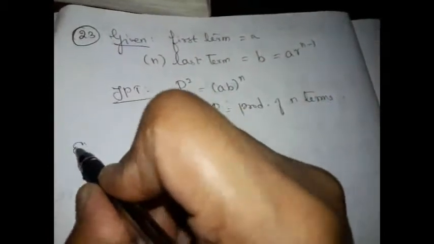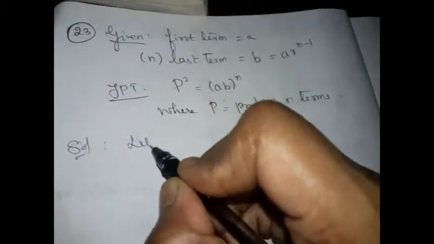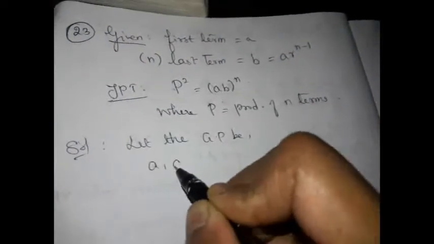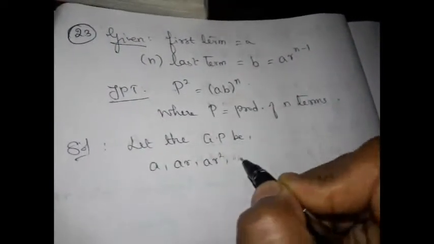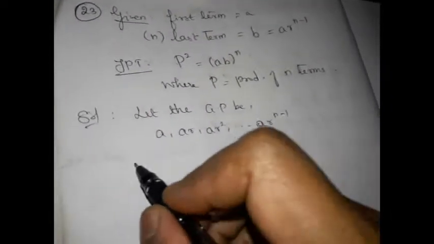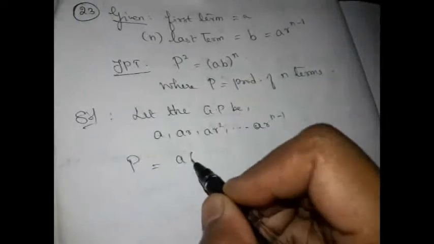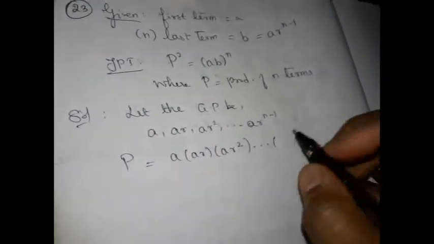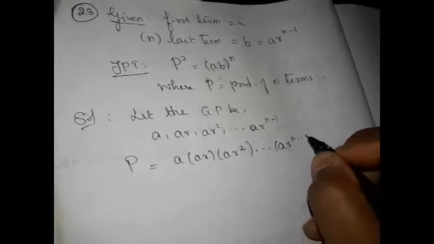So let us see how we can solve this. So let the GP be, what is going to be your GP? A, AR, AR squared, etc., AR power n minus 1. This is your GP. Therefore your product is going to be A into AR into AR squared, etc., AR power n minus 1.